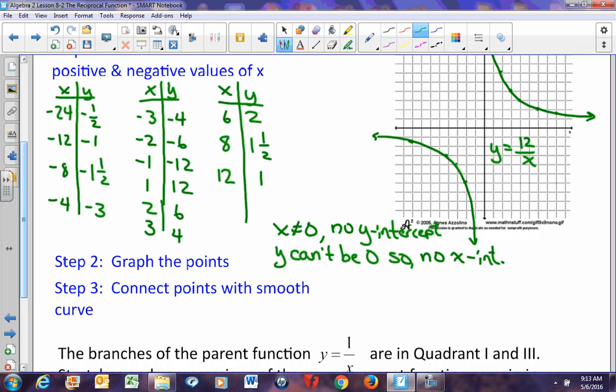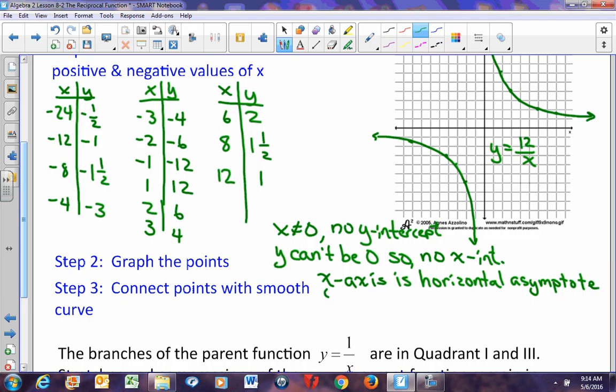If we look at the graph, we can clearly see our vertical and horizontal asymptotes. Horizontally, left and right, you'll notice that your graph is never going to cross your x-axis. So your horizontal asymptote is your x-axis. The line for the x-axis is the same as the y equals 0 line, just know that.